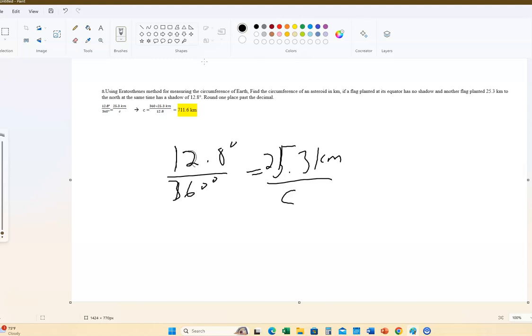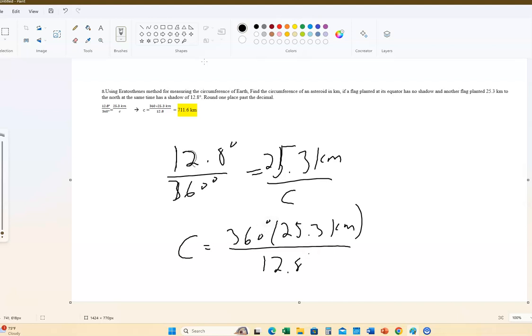If you flip both sides of this and solve for C, C would equal 360 times 25.3 kilometers divided by the angle of 12.8. Both of these are in degrees, so the degrees cancel, just to let you know, and it gives you the circumference in kilometers.